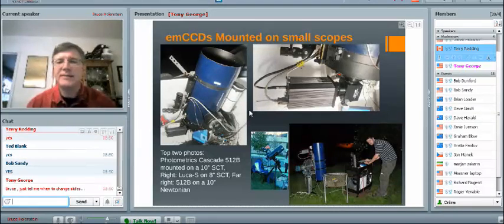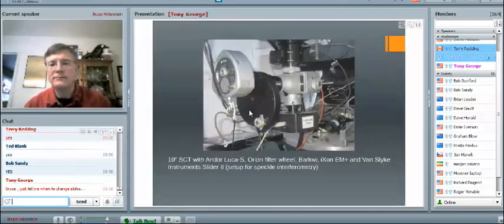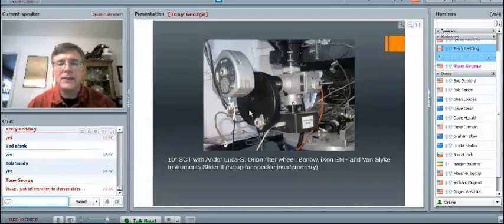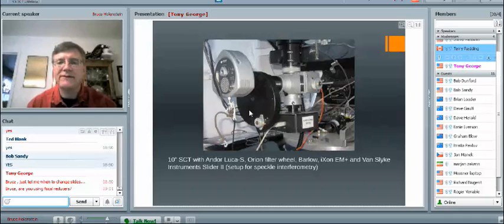The next slide, please. And this slide is a picture of the optical head at Russ Genet's observatory. It's a 10-inch SCT with an Andor Luca S. He has an Orion filter wheel, a 2X Barlow. The finder is not an EMCCD at this moment.